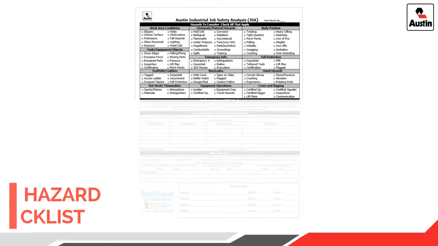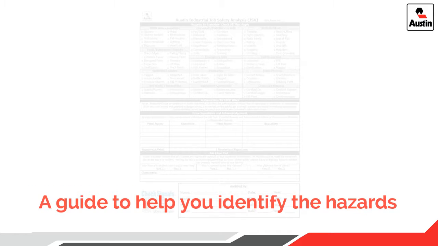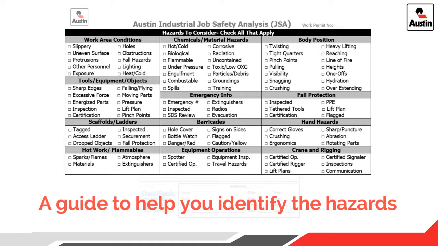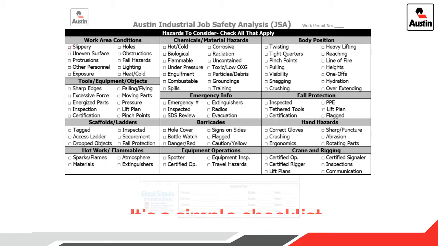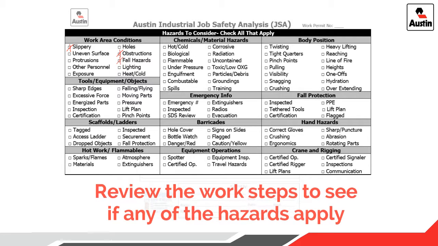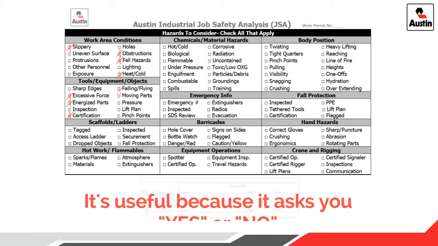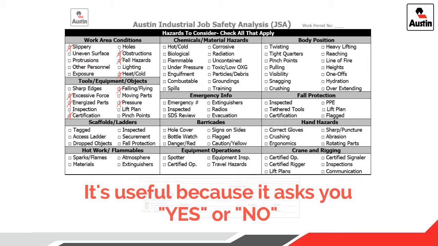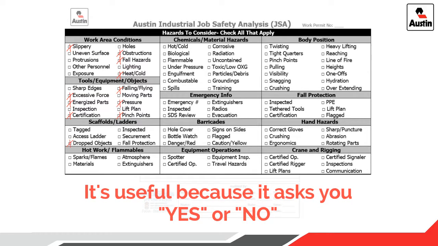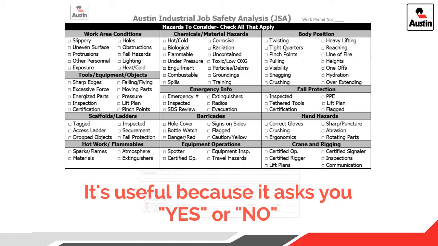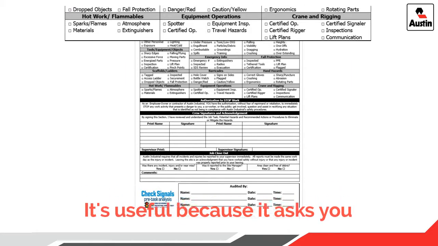The final section for completing the JSA before starting work is a guide to help you identify the hazards involved with your work. This simple checklist is useful for reviewing the steps involved in the work that you will be performing and checking any hazards that may exist in each step. This tool is useful because it asks you yes or no to help come up with the hazards rather than coming up with the hazards off the top of your head.